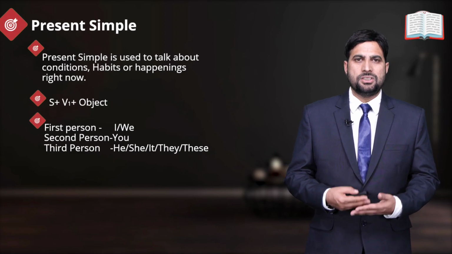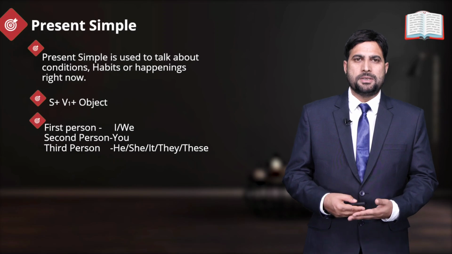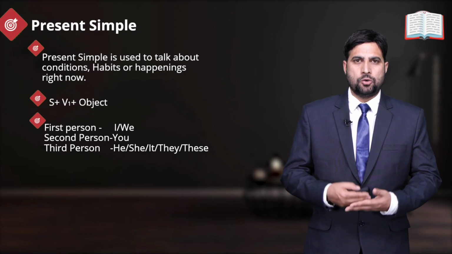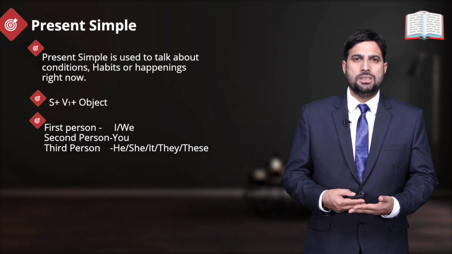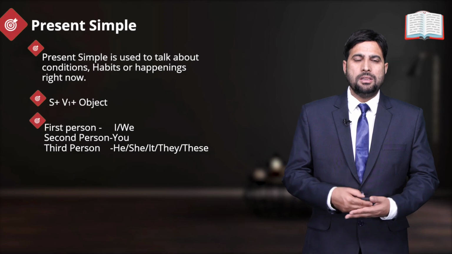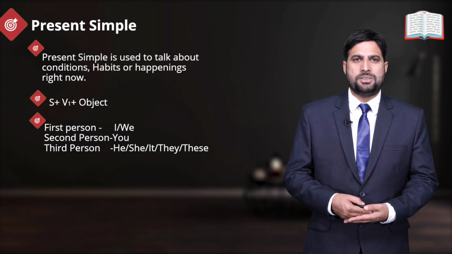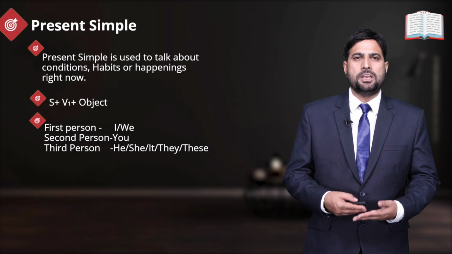And third person is he, she, it, they, these. Third person means about whom we are talking. Singular of the third person is he, she, it, and the plural is they, these.